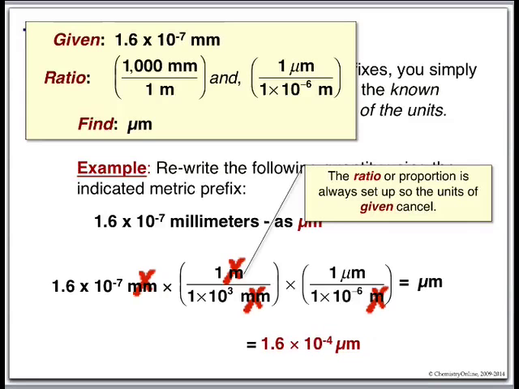You need to make sure you can do these problems on the calculator you're going to use on the exam, because otherwise you're going to get lost. So practice these chain calculations on your calculator. Any questions?